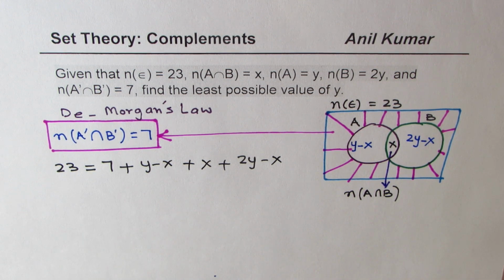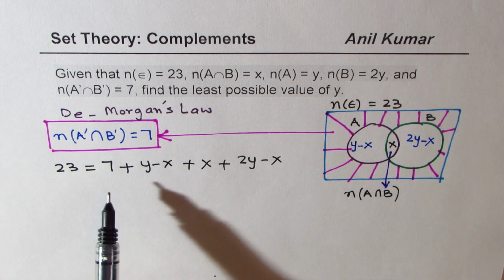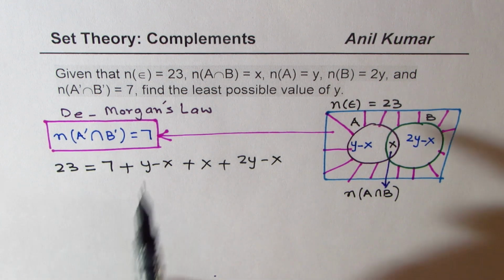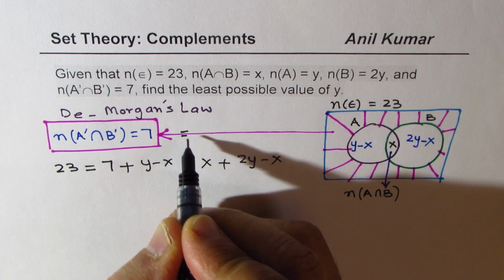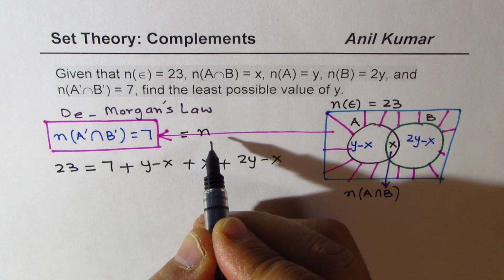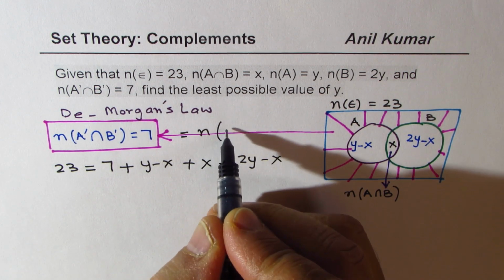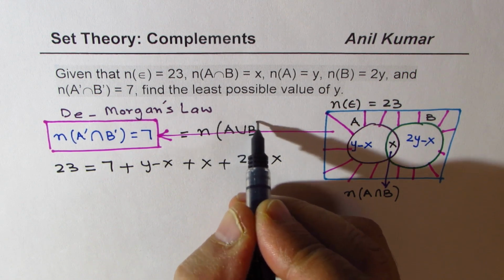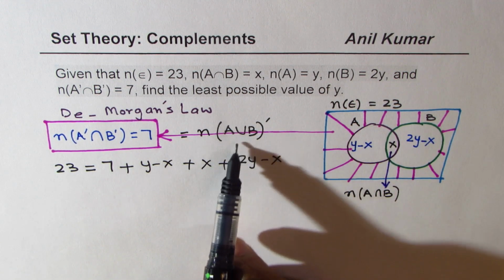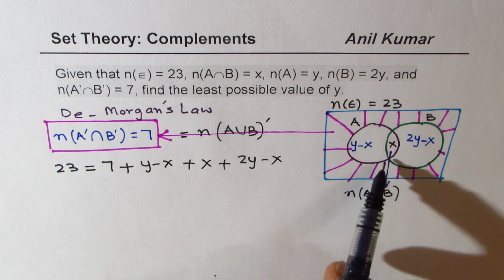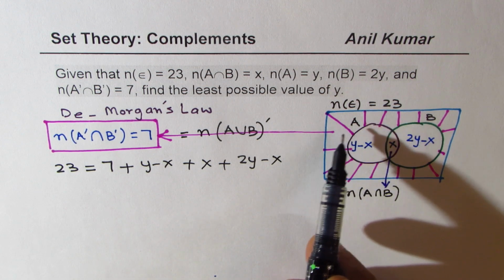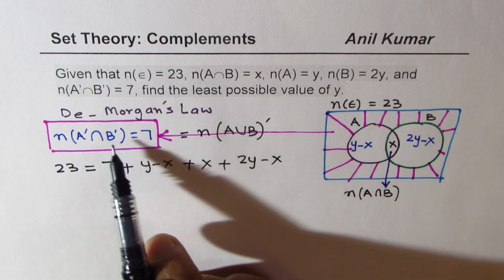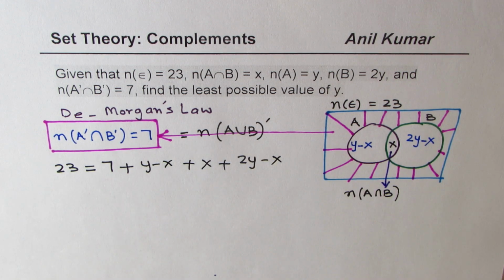Now, we can actually write this 7 also as equal to the number of elements which are not in the union of A and B. So the union of A and B is all this, and that portion which I've shaded is not in that union. So this is De Morgan's theorem.